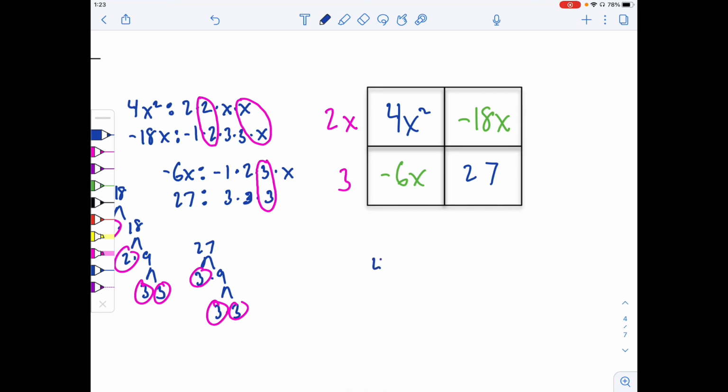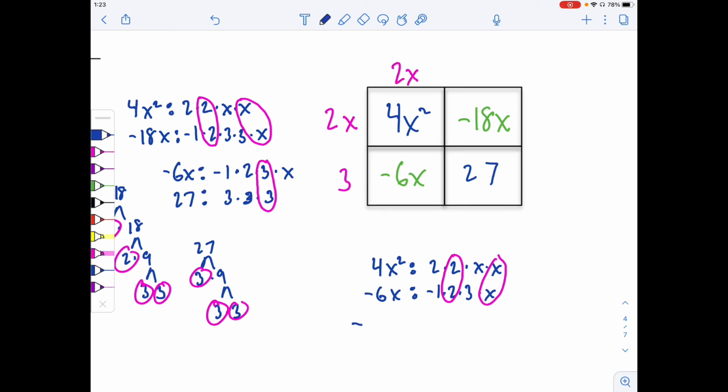Next, the column with 4x squared and negative 6x. We get 2 times 2, 2 x's, and negative 1, 2 times 3 with 1x. The GCF is 2 and an x, so we get 2x here.